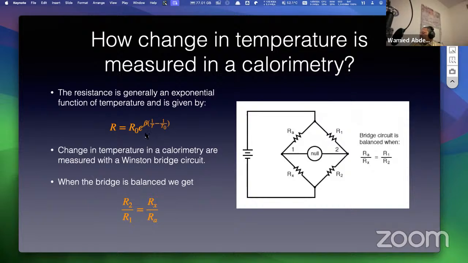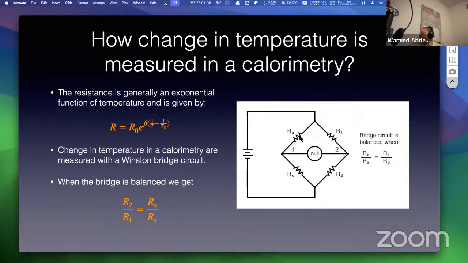When the resistance changes, the bridge is not balanced. We are going to see a voltage here. So what we need to do is change this resistance such that we get back no voltage here. So it's balanced. And this will allow us to determine the change in the resistance.